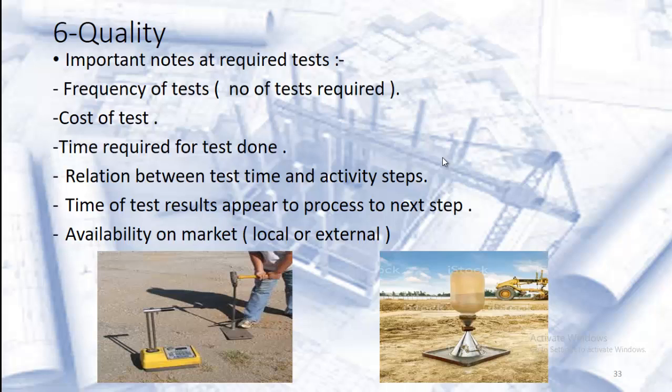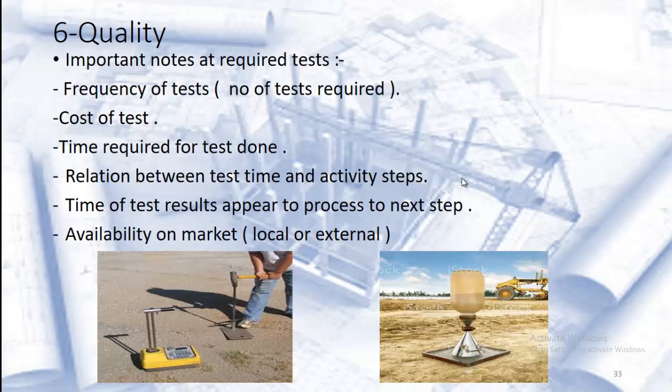At this point we check when we must do the test. We can explain this with this example. When we start working on pipelines, we make a pressure test for pressure lines or a leakage test for gravity lines in the middle of the activity.